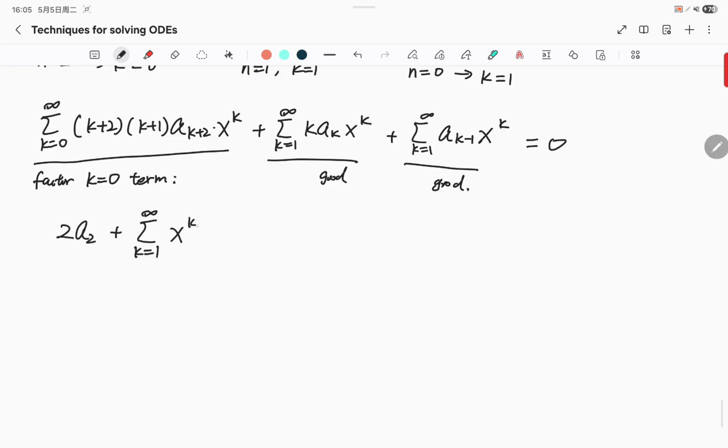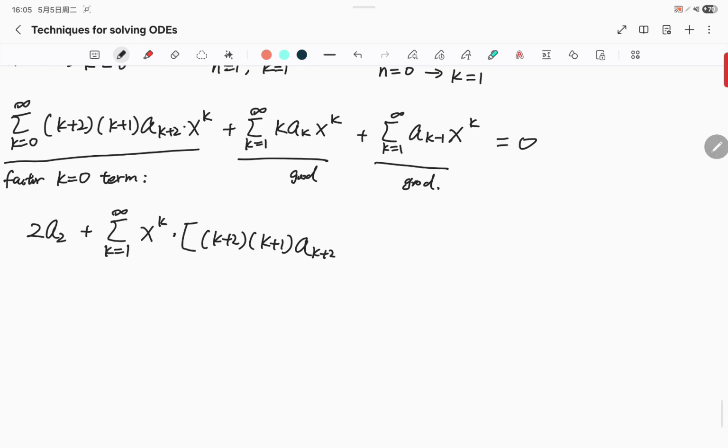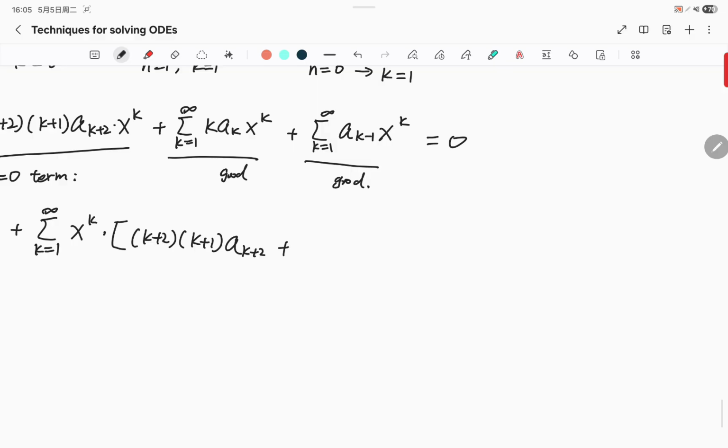So we can do x to the k, times k plus 2, k plus 1, a, k plus 2. This is from series 1. Add the second series, k, ak. This is series 2, and then the third series we have a, k minus 1.